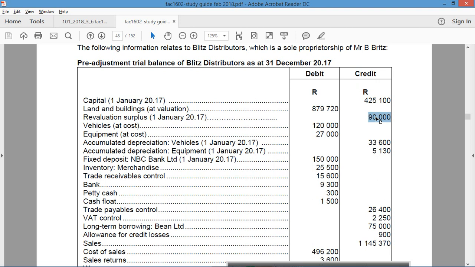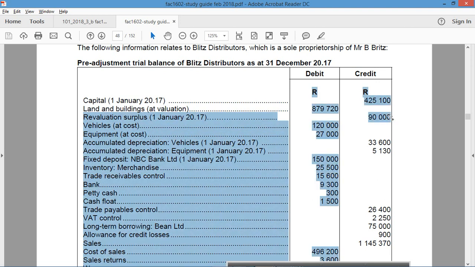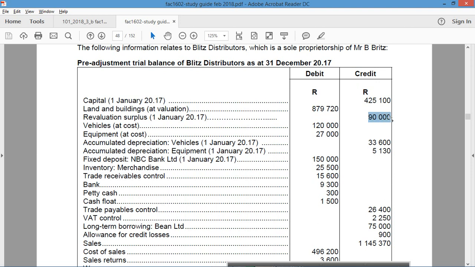It's not a liability. Income increases on the credit side. Drawings, no. Capital. Yes, it's a form of capital, but it's treated as what? Owner's equity. So you can't say it's capital. It's more the owner's equity, because it relates to an asset that was revalued.